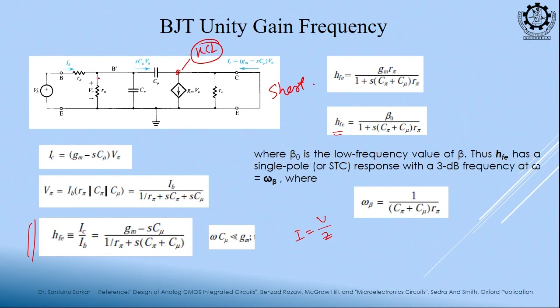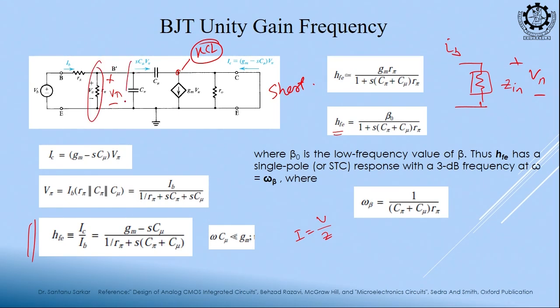Similarly, we have to find the input voltage. If I want to find the input voltage, what should I do? We should find the equivalent impedance, and whatever current we have, we multiply that to get the voltage. So, what is the equivalent impedance? R pi parallel C pi parallel C mu.